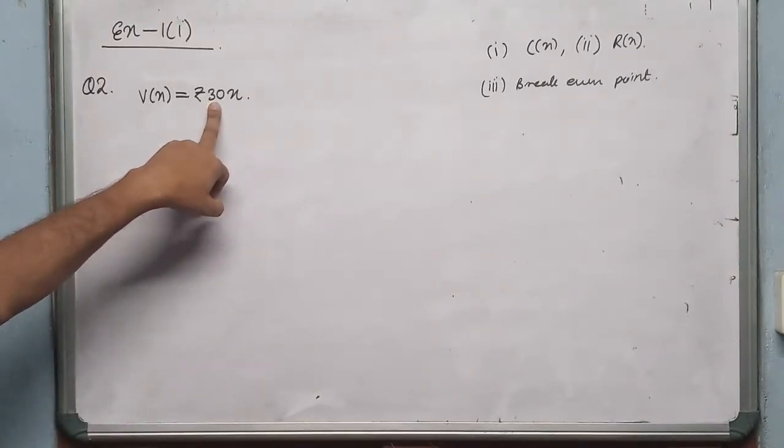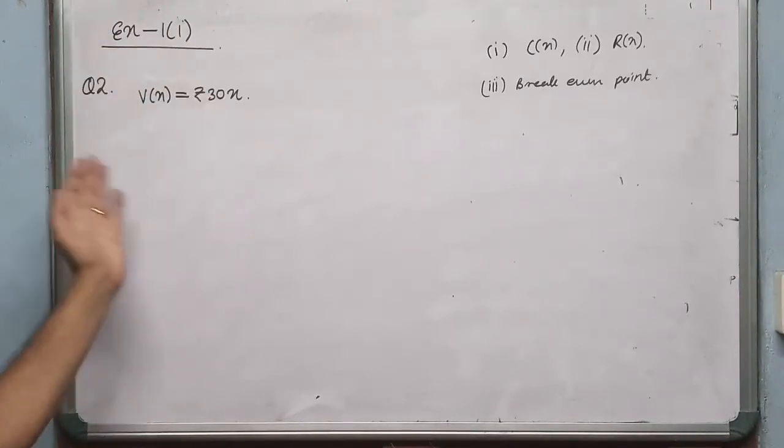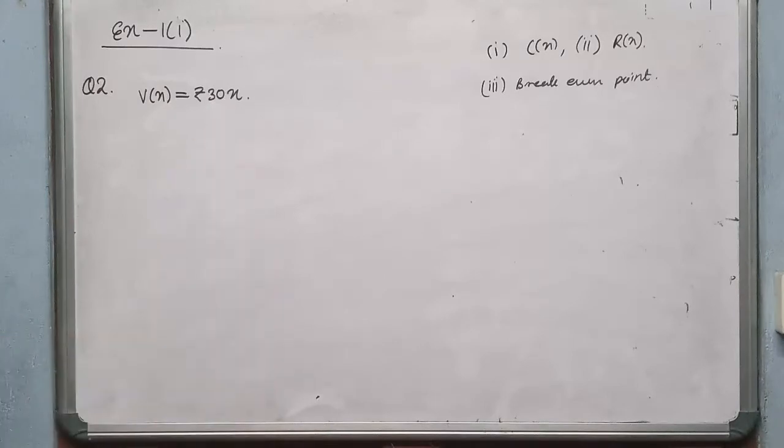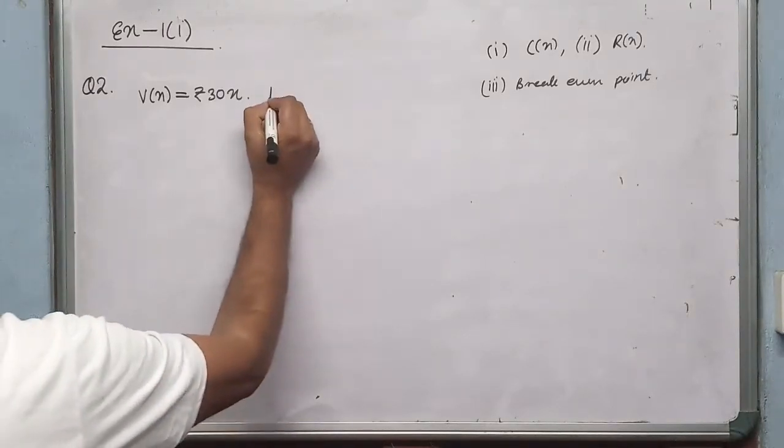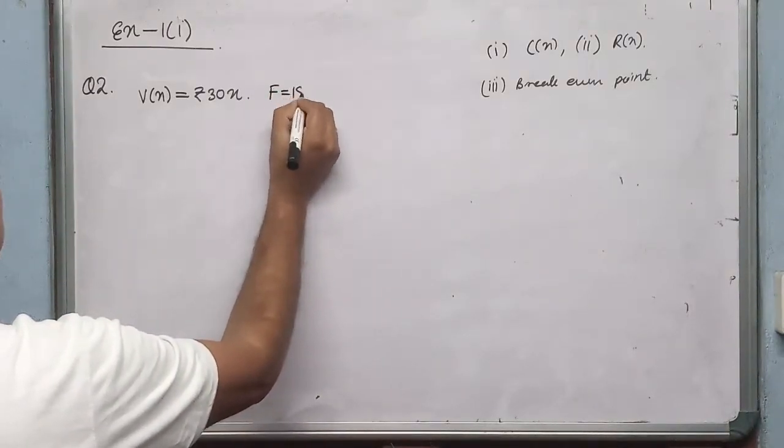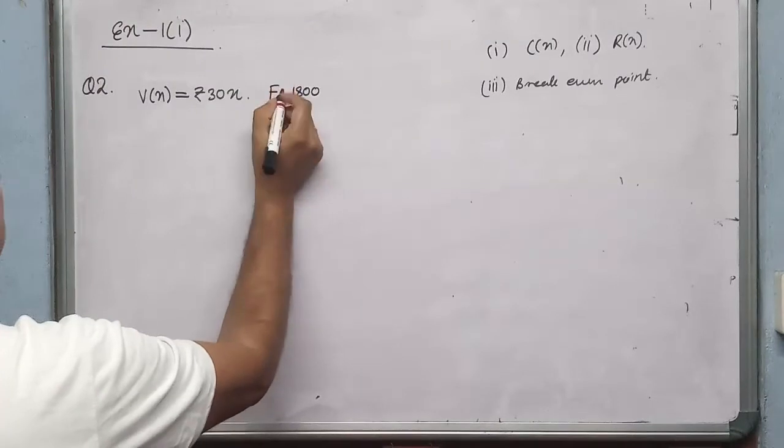The cost of producing one book is 30, then the cost of producing X number of books is 30 into X. Next, the fixed cost is rupees 18,000.